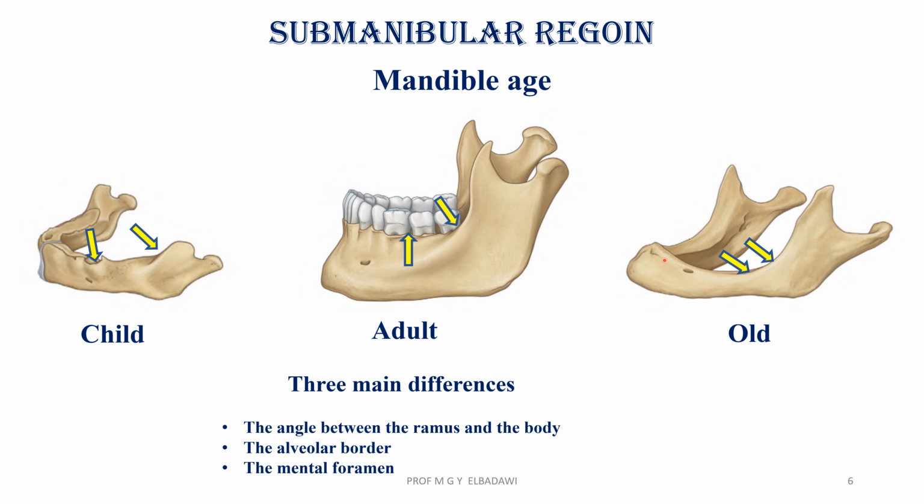In the old, it is at the upper border due to the absorption of the alveolar border. If you remove this part here, the mental foramen will be at the upper end. So that is how we differentiate between the different ages using the mandible. That is the mental foramen here, that is the mental foramen here, and that is the mental foramen in the old age.